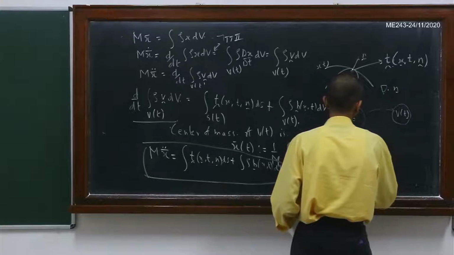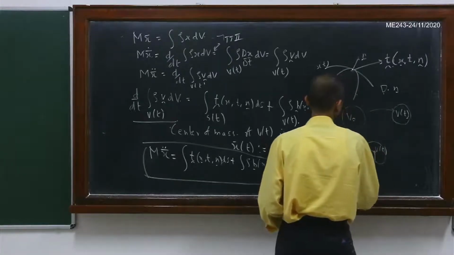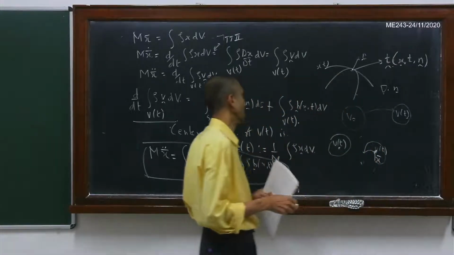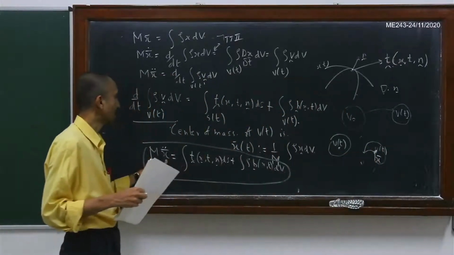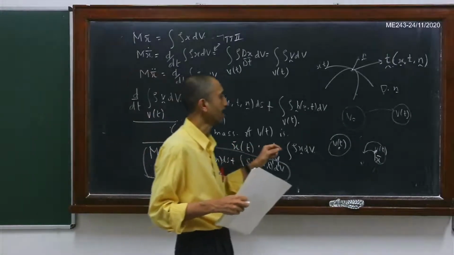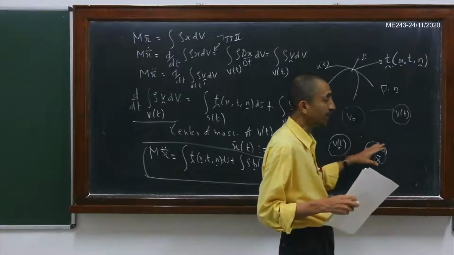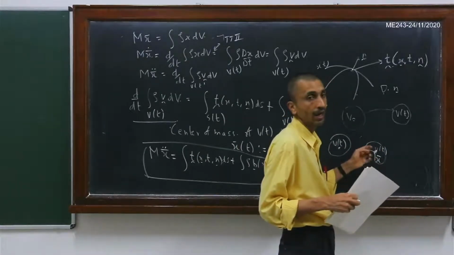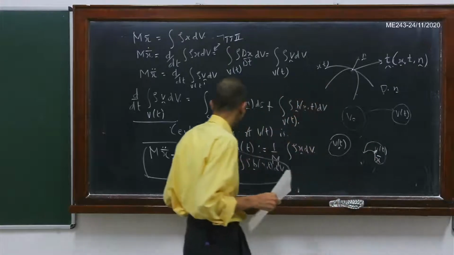Suppose your x bar is here somewhere, so the m x bar double dot is given by the sum of the forces. So even if the material volume changes its shape and size, even then this particular statement is true.